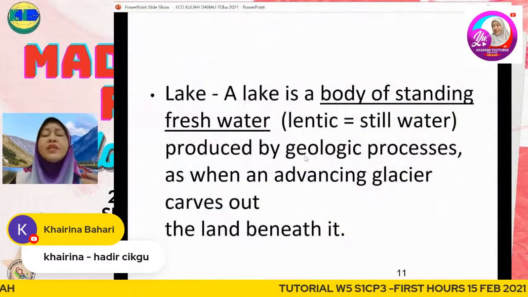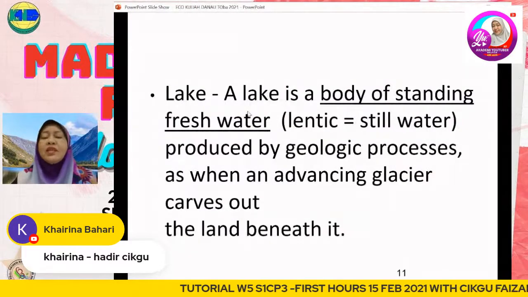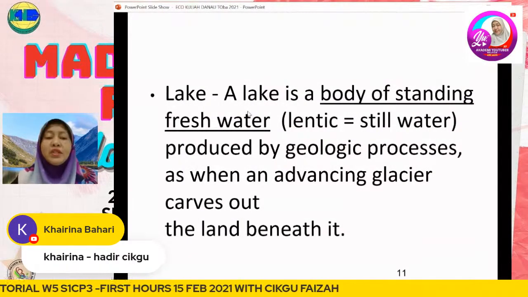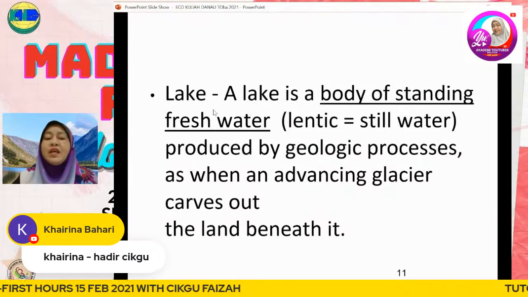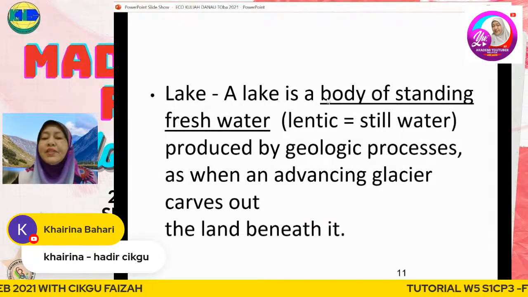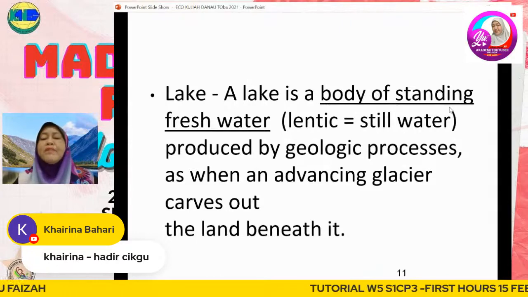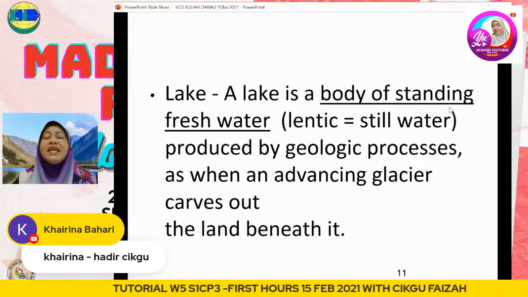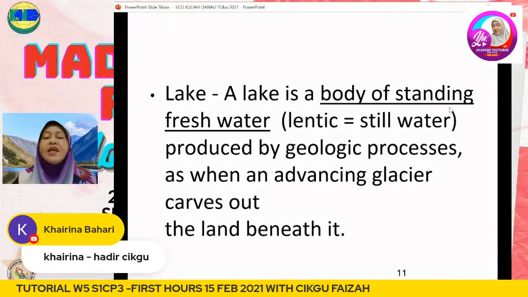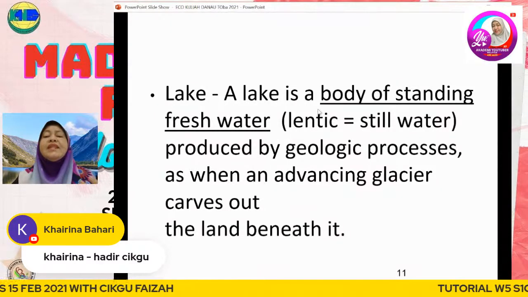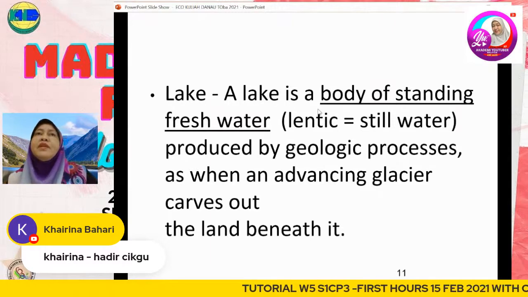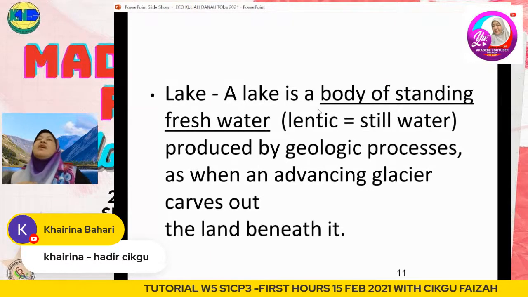When teacher mentions a lake, you all know, class, you can imagine a lake is a body of standing fresh water, not salt water. Why does teacher highlight this, class? It is important for the concept of ecosystem. A lake is a body of standing fresh water, and the type of standing water is lentic. That is why in a while you will come across the term lentic. What does lentic mean?